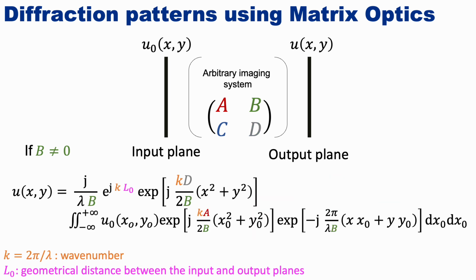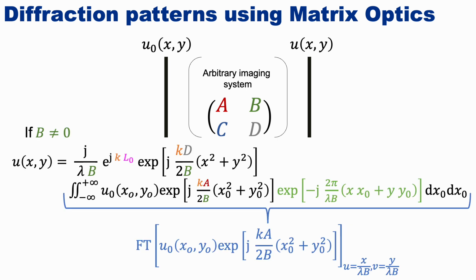All right, so if now the B is different than 0, then we have a little more complicated formula. The formula tells us that we have a spherical waveform multiplying an integral, but if you look a little more at the integral, we have here a spherical waveform with the curvature depending on A and B values, and within this whole integral we can identify the Fourier transform kernel.